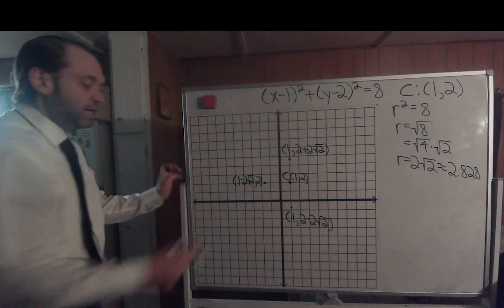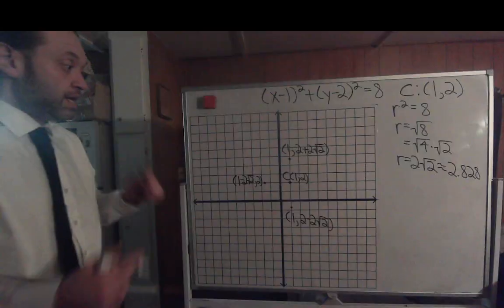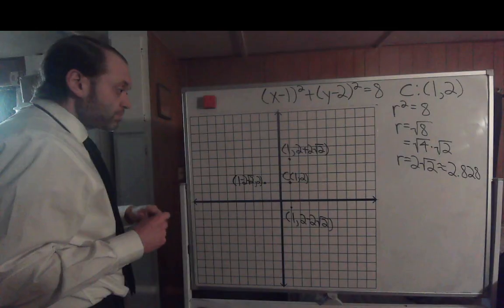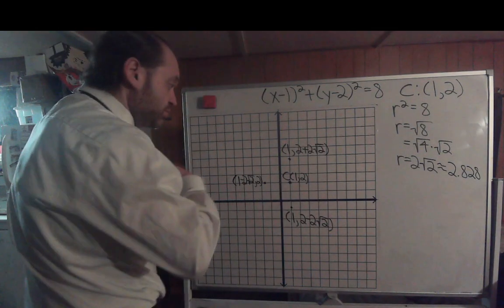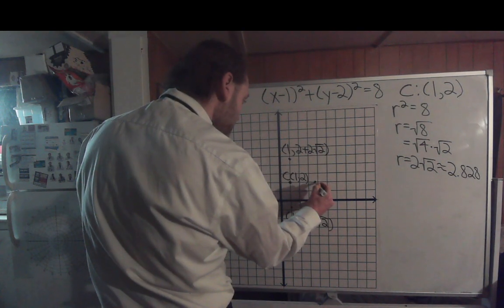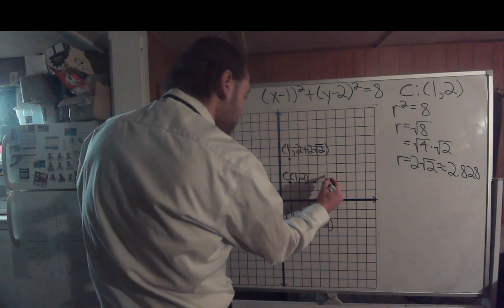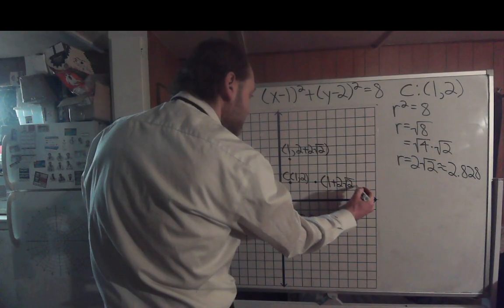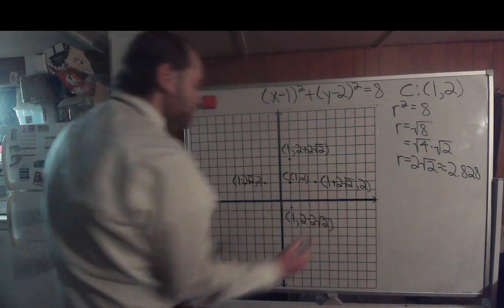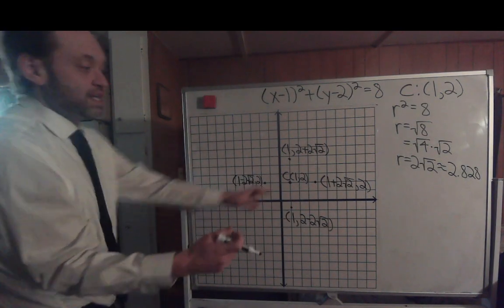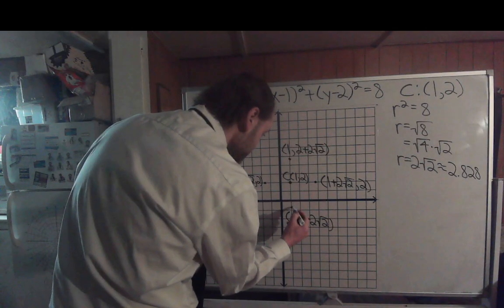We didn't change the y coordinate this time. Now let's go that many units to the right also. So 1 plus 2.828 would be about 3.828, so that'd be about right there. So you would get the coordinate 1 plus 2 times the square root of 2, and then 2 for your y coordinate. Now that we've got 4 major vertices and the center, let's go ahead and graph this.